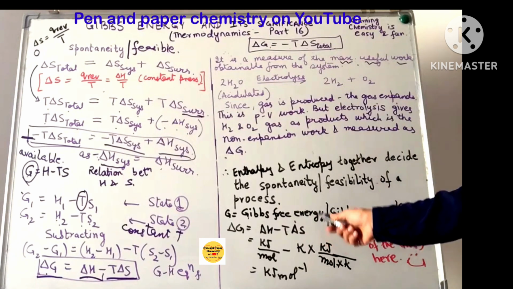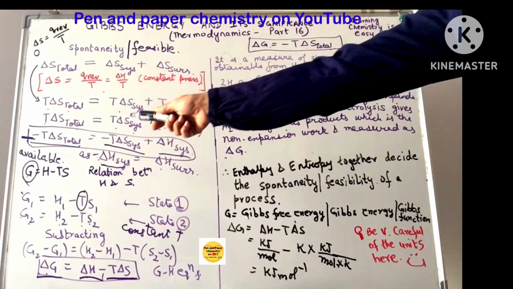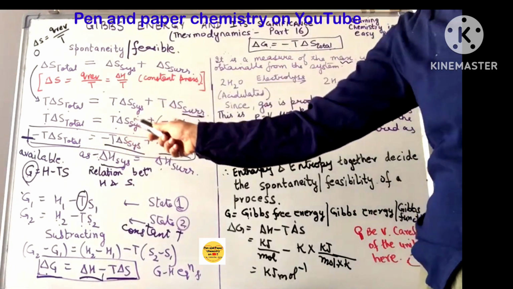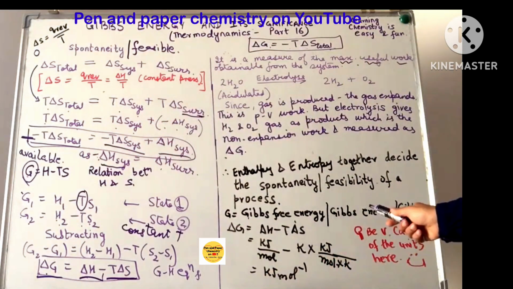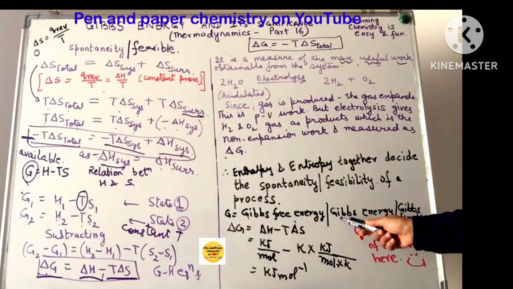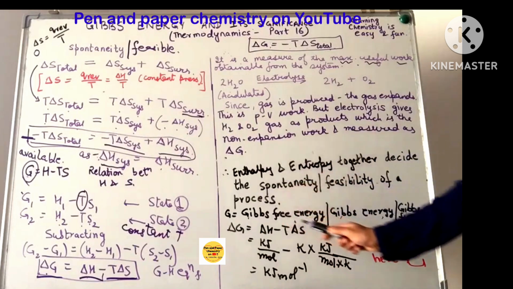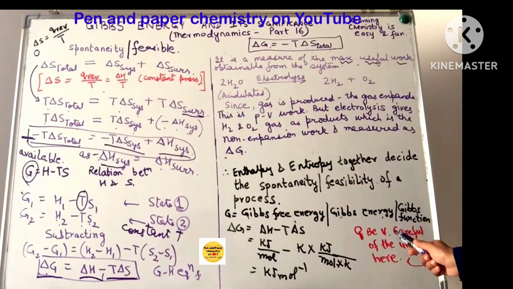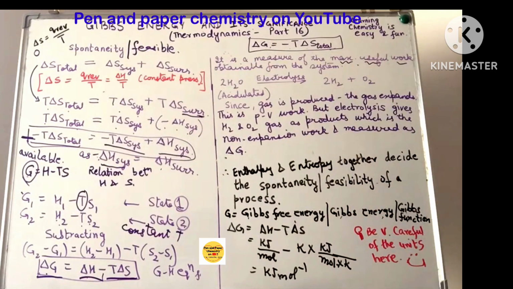But since this is not really talking only about energy, because if you notice we have G as H and S, a combination of both, it was considered more apt to call it Gibbs energy, and later on they also proposed that we call it Gibbs function. So if you see any of these terms, please don't get confused as to if they are referring to different physical quantities. They are all the same.